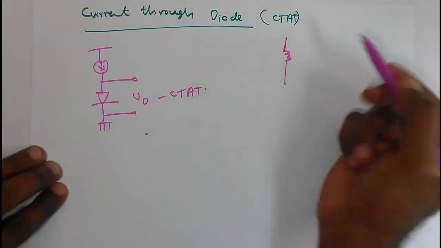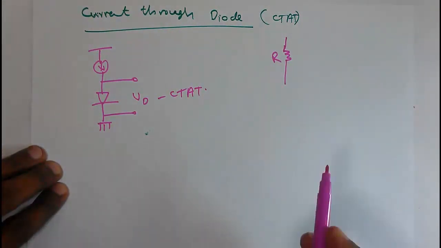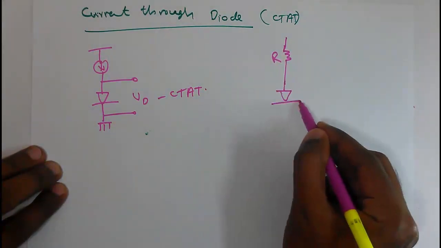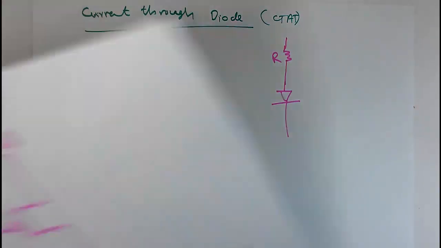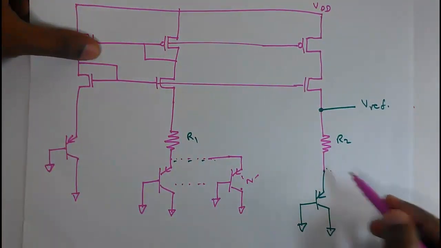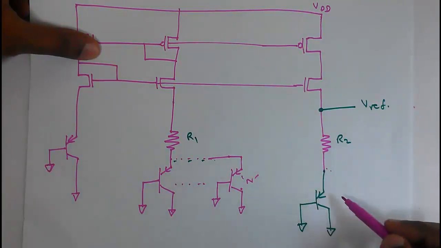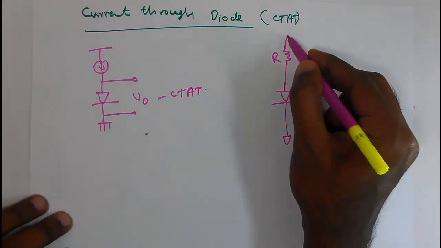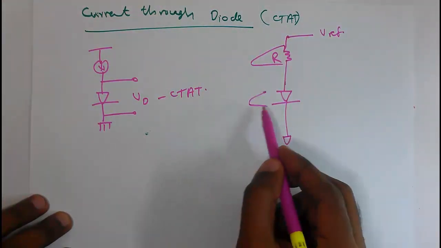The voltage across that PTAT resistor is PTAT in nature, and then we added the diode here. It is this circuit I am referring to. This voltage across the resistor is PTAT, and this is our diode. And we said we will get a reference voltage here if this is PTAT and this is CTAT.